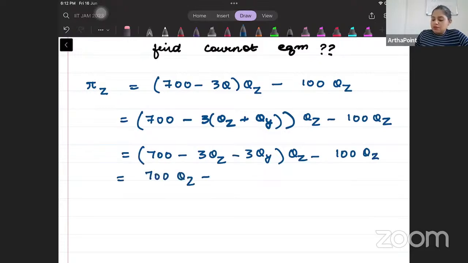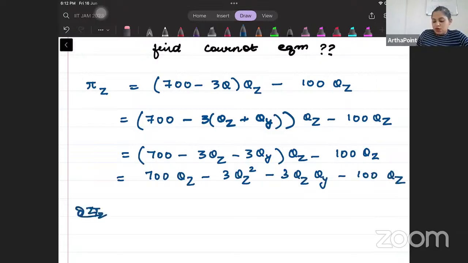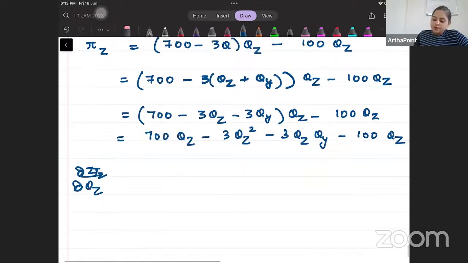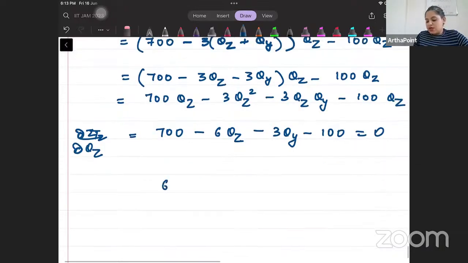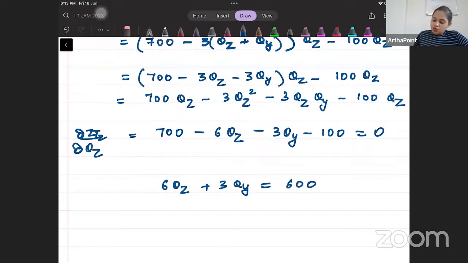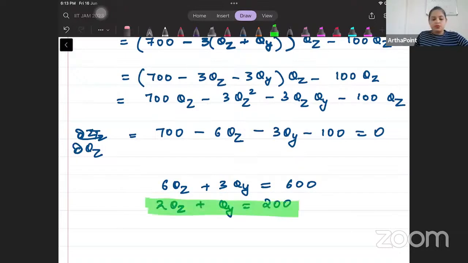Let's open this up: 700 QZ minus 3 QZ square minus 3 QZ QY minus 100 QZ. If you differentiate this with respect to his quantity, you will get the best response. That will come as 700 minus 6 QZ minus 3 QY minus 100 equal to 0. So 6 QZ plus 3 QY is equal to 600. So you will get 2 QZ plus QY is equal to 200. This will be his best response function.